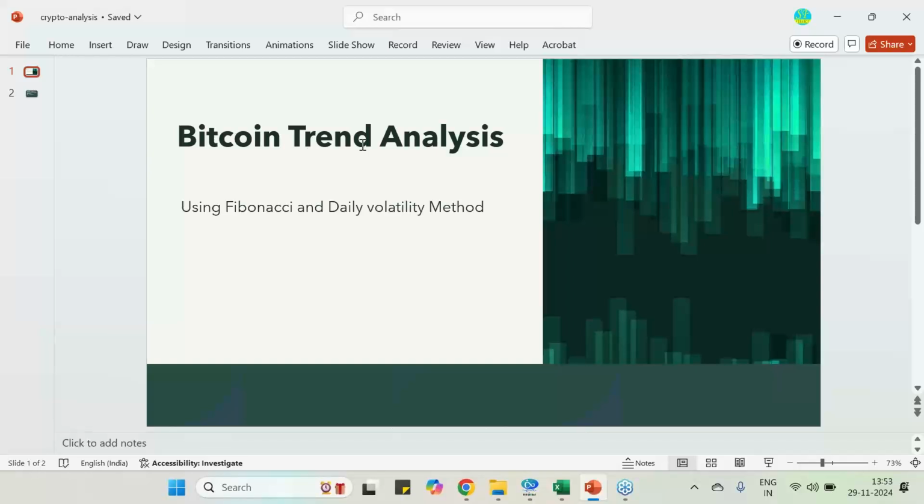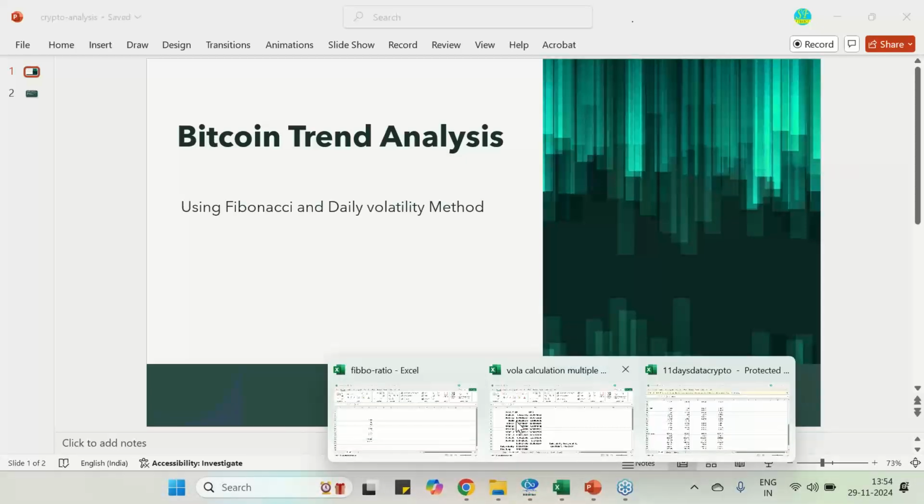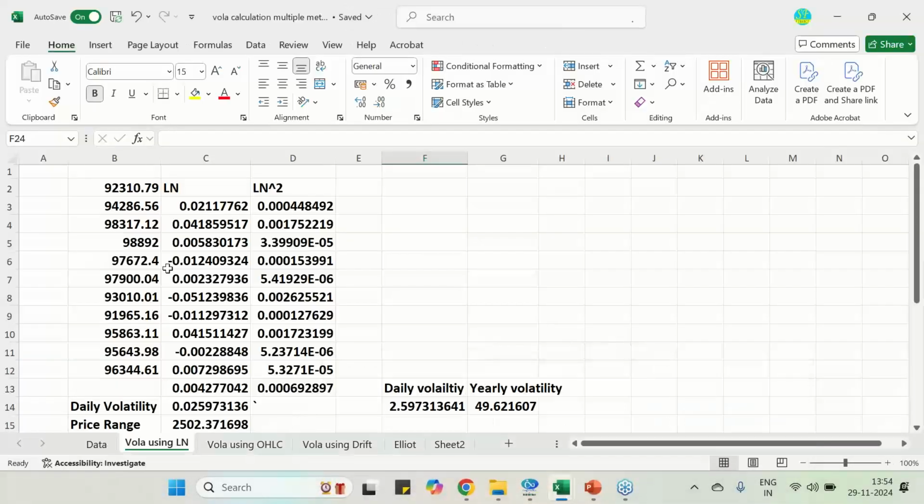As all of you know, this is my innovation from the year 2009, and many of you are successfully using it in stocks, commodities, currencies, as well as indices. The same method can be utilized in cryptocurrency also, but in a different way. I'll just tell you how you can use it.